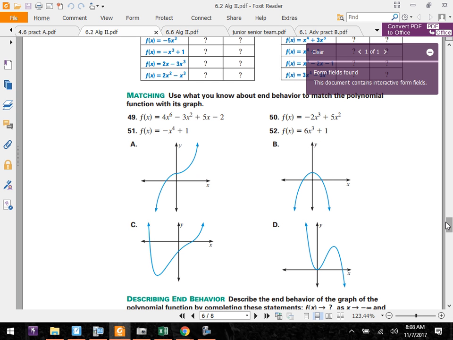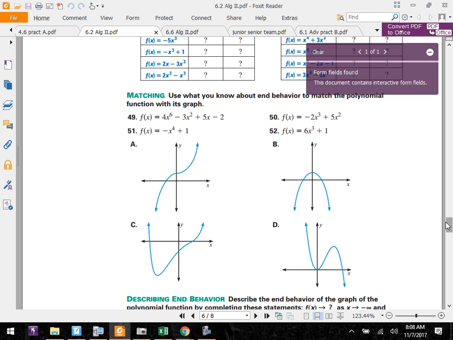And that's the idea by looking at your tails. Well, it wouldn't be because your tails are up, so it has to be. The only one that has 2 tails up is that. And that's what I mean by you have a 6th degree polynomial, but it doesn't necessarily mean you're going to have 5 changes of direction. It doesn't necessarily mean you're going to have 6 possible zeros.